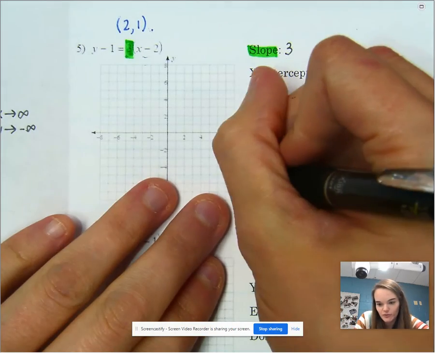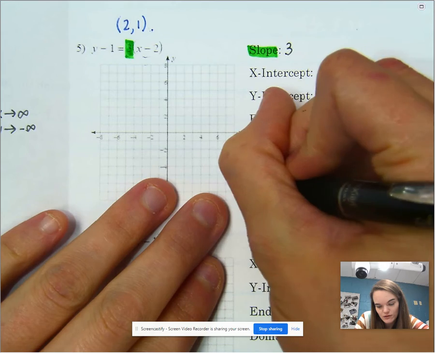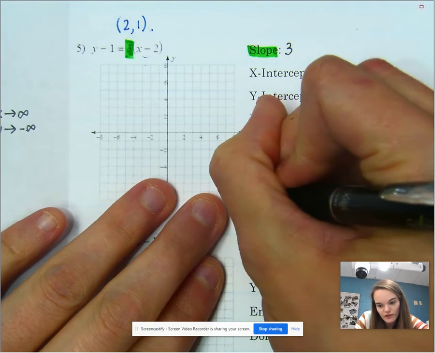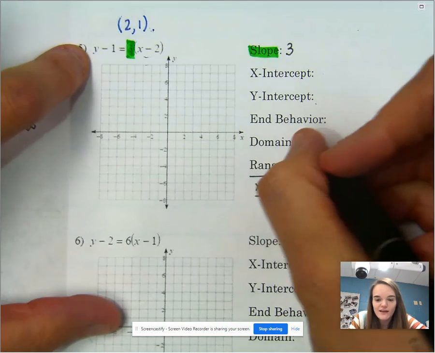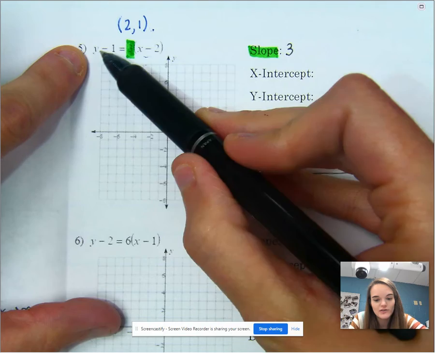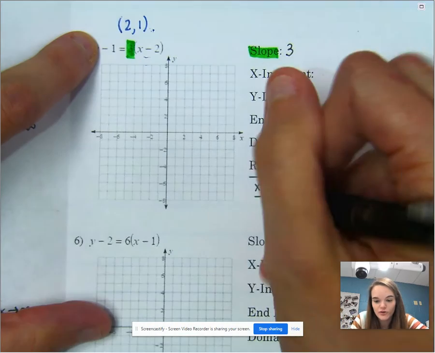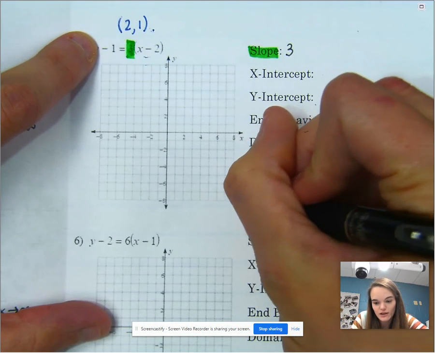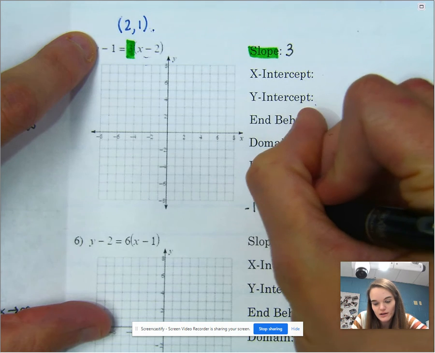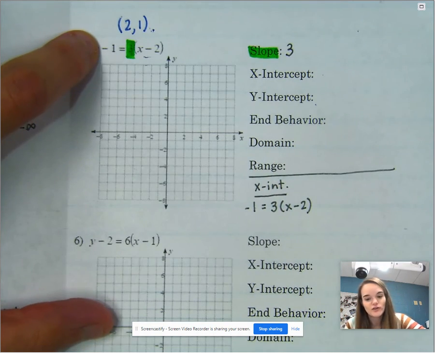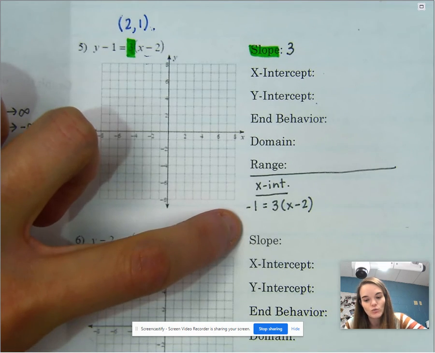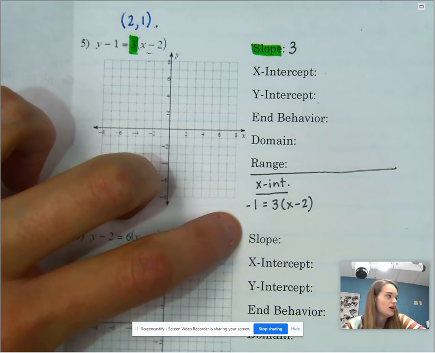Okay, the x-intercept. Solving this is a little different. What we actually do is not completely different, all right? When we had the x-intercept, we made the y 0, or we covered up y. So we have -1 equals 3 parentheses x minus 2. So the process of solving will be different. However, what we did to get an equation is not different.